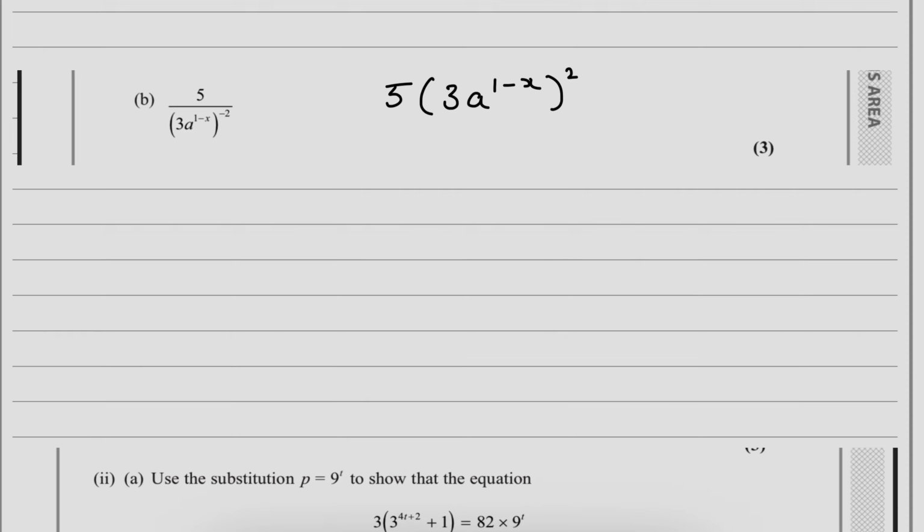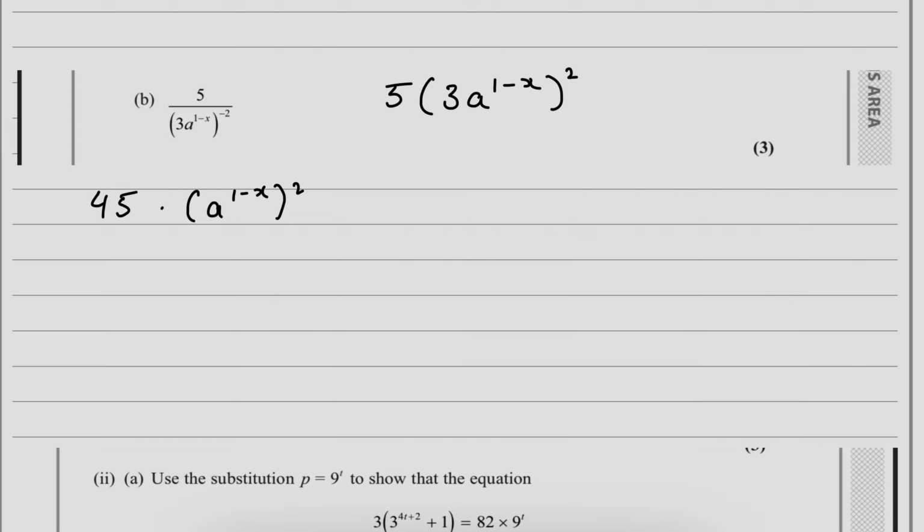We can bring the 3 outside. If we bring the 3 outside, the power comes along with it, right? So that's 5 multiplied by 3 squared multiplied by a to the power 1 minus x, all squared. 3 squared, that's just 9, and 5 times 9 is 45. So let's just write that.